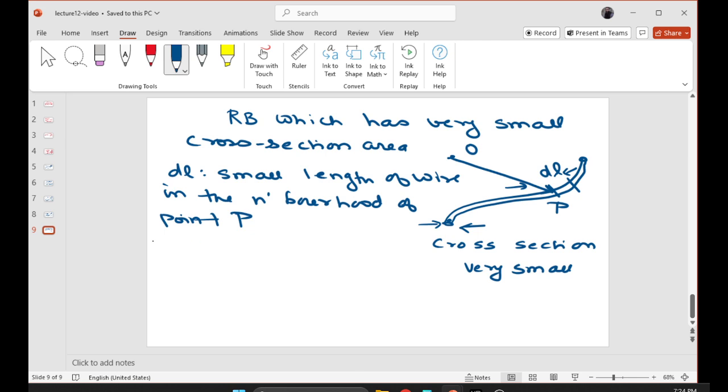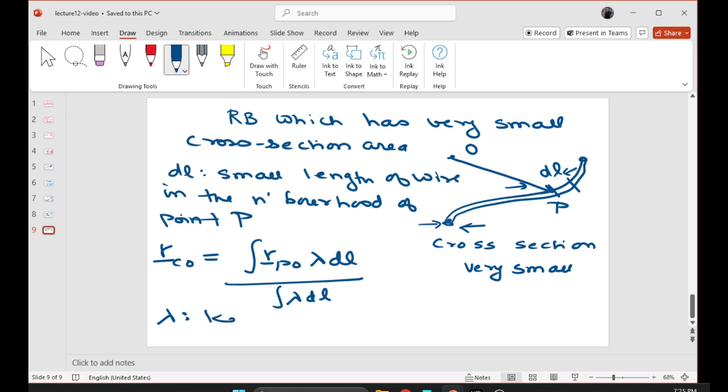Then the center of mass of this wire length can be found using a line integral or a couple of line integrals as I am writing here. RCO equals integral of R P O lambda dl over integral lambda dl, where lambda is the density of the material per unit length, kg per meter. That's all. Mass of the wire per unit length of it.